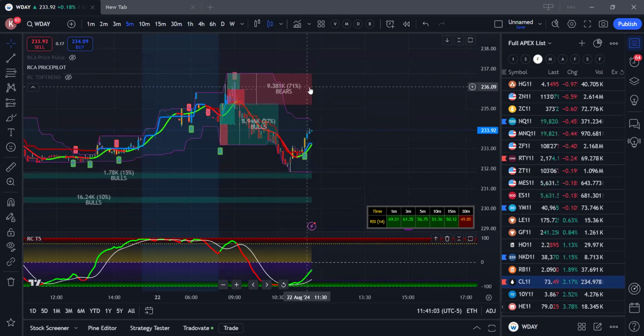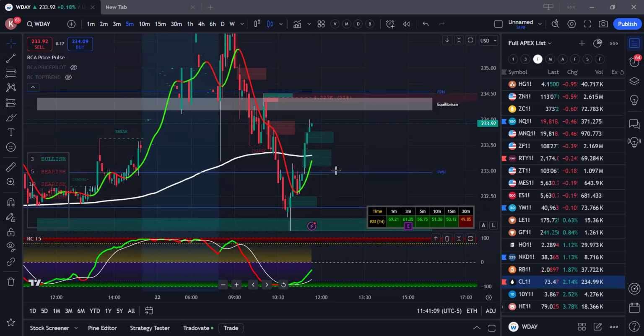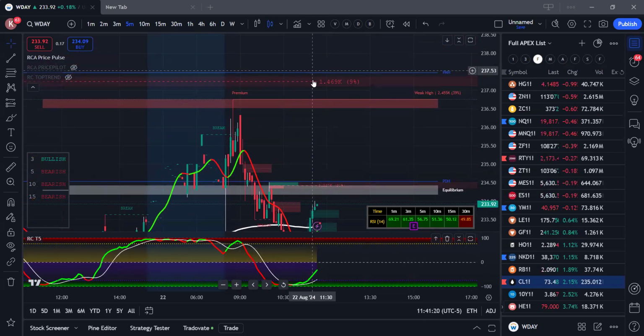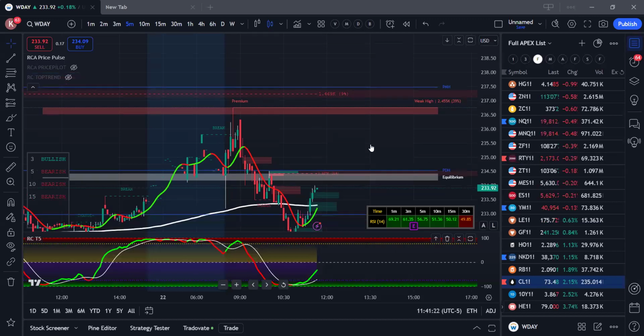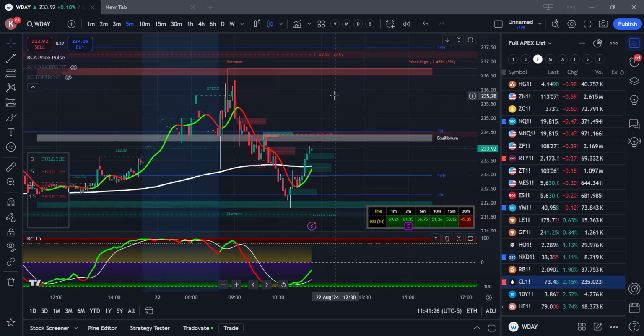It may go all the way to the top. There is a sell order here, so it will go till 234.5. And if there are more buyers, then it will break that and go all the way to the top. So minimum we can make some profits here.